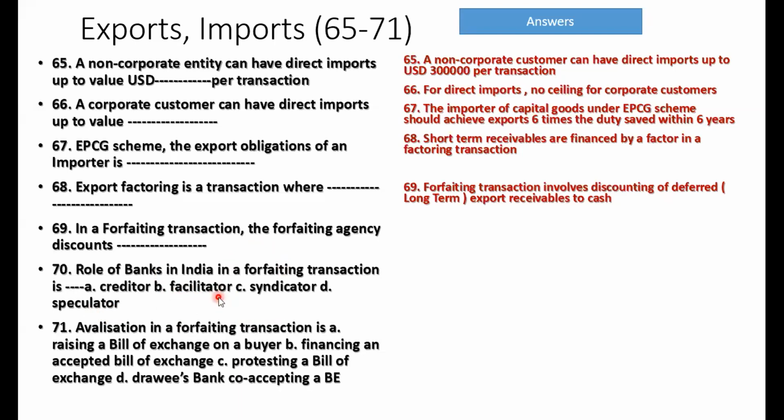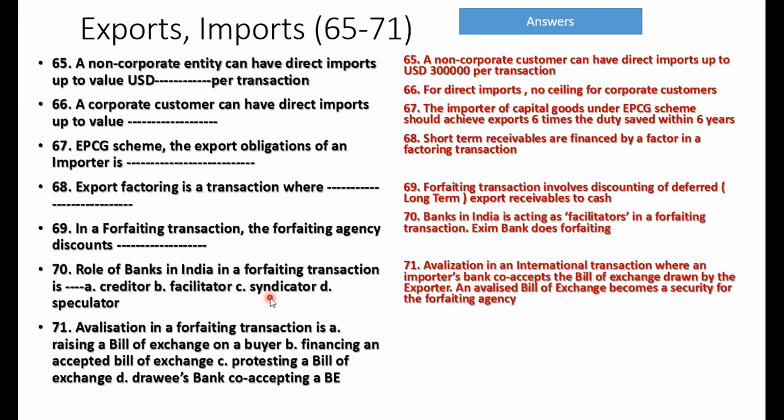They will connect the exporter to Exim Bank or to other forfeiting agencies abroad. So long-term export bills are converted to cash. Don't miss the question. These questions are also asked: what is the role of the banks in India in a forfeiting transaction?